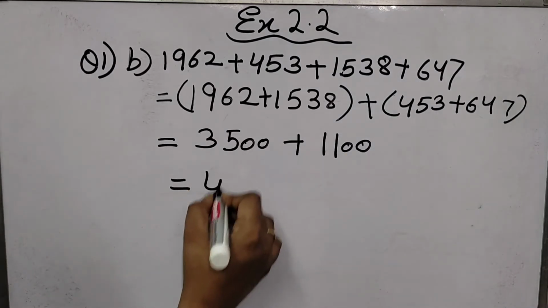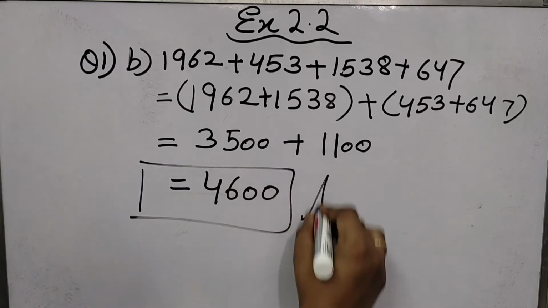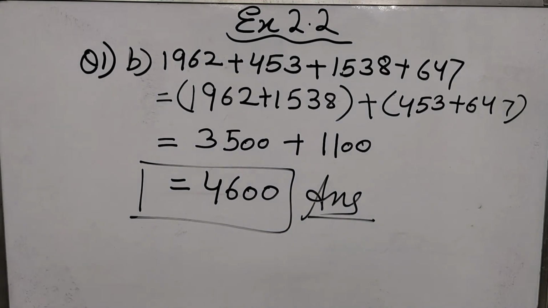Finally, we got our answer as 4600. This is the sum of all these four numbers. You might be seeing that by rearranging numbers, the sum is easy. Or you can say calculations have become easier.